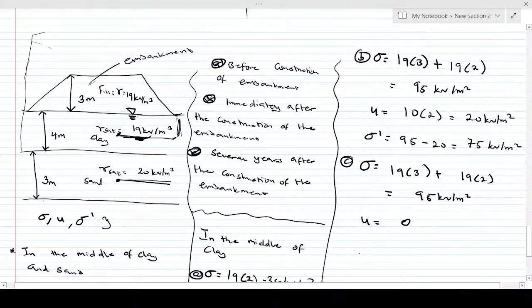Then the effective stress is 95 minus 0, which is also 95 kilonewton per meter square. So take note of this condition: several years after construction, we assume the pore water has drained out, so we do not have any pore water pressure. These are the conditions for the middle of the clay layer.